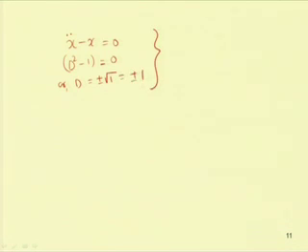So as the roots are plus minus 1, the solution becomes x equal to a1 e to the power t plus a2 e to the power minus t.